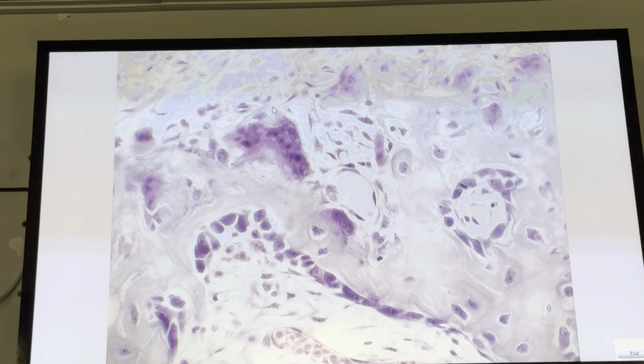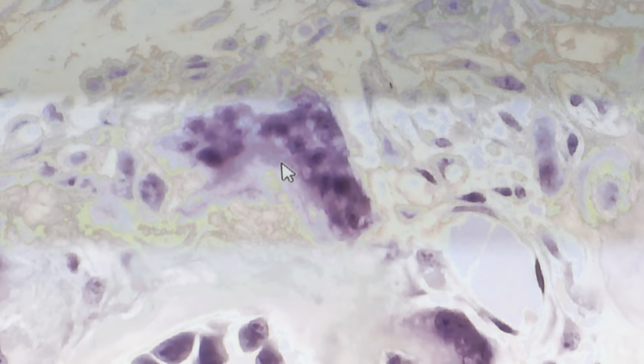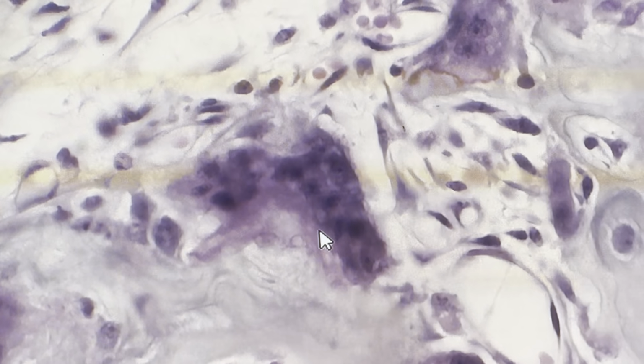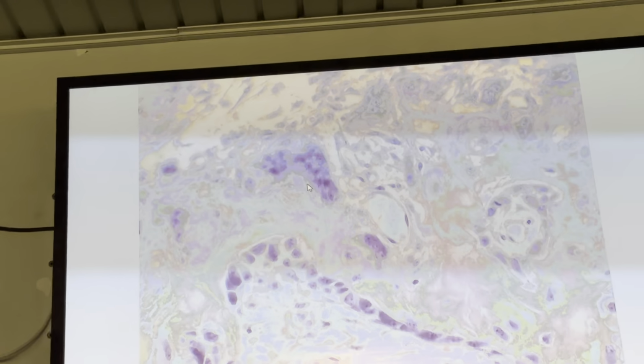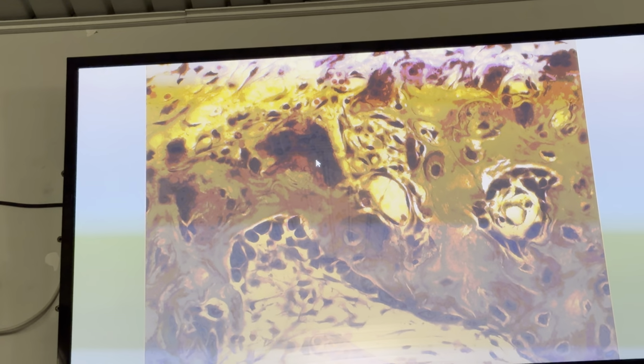This cell is called osteoclast. Osteoclast is very large, motile, multinucleated cell. Osteoclasts lie in a cavity called Howship lacuna. Osteoclast, very large, motile, multinucleated cell.